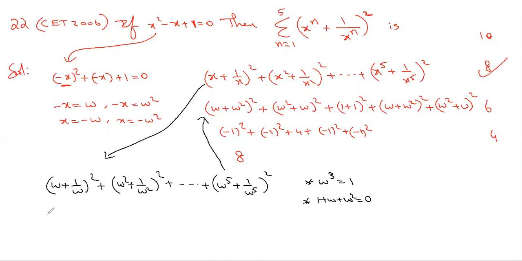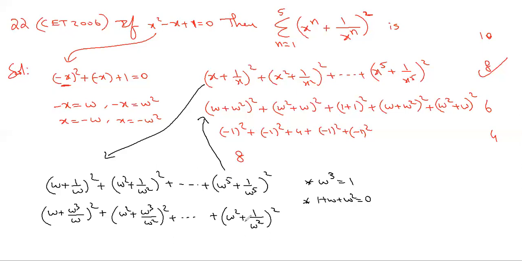Because 1 can be written as omega cube by omega. And here omega square plus 1 can be written as omega cube, and so on. And omega power 5 is omega cube into omega square, and this is also omega cube into omega square. Omega cube is 1, right?